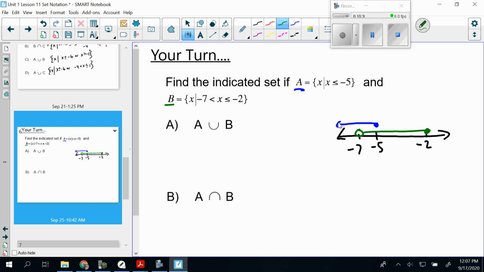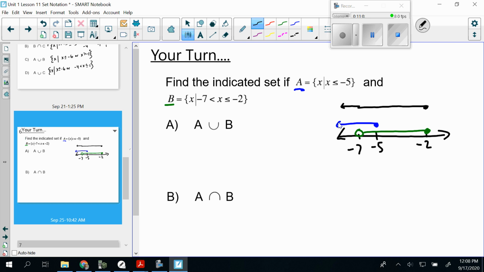First one's union, that's all the points together. So if we kind of join these, it would be -2 here. We know we want to count that. We're going left, we're going left, we're going left. Now we hit -7 on that graph, but our other graph picks up, the blue one here, and has that point, and that keeps going.